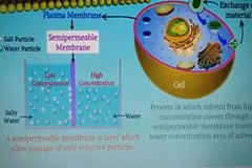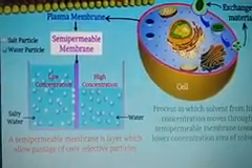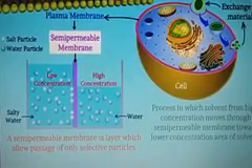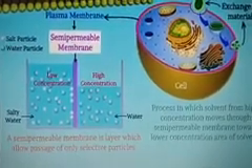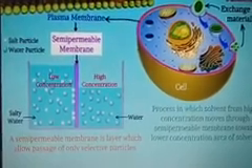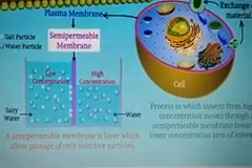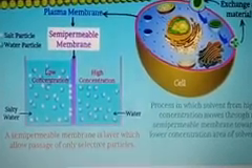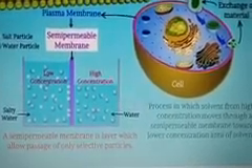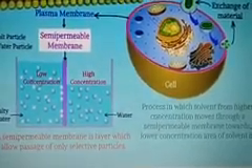White colored molecules are salt particles, blue colored molecules are water particles. Now what happens here? The molecules move from higher concentration to lower concentration. So a semi-permeable membrane is a layer which allows passage of only selective particles.